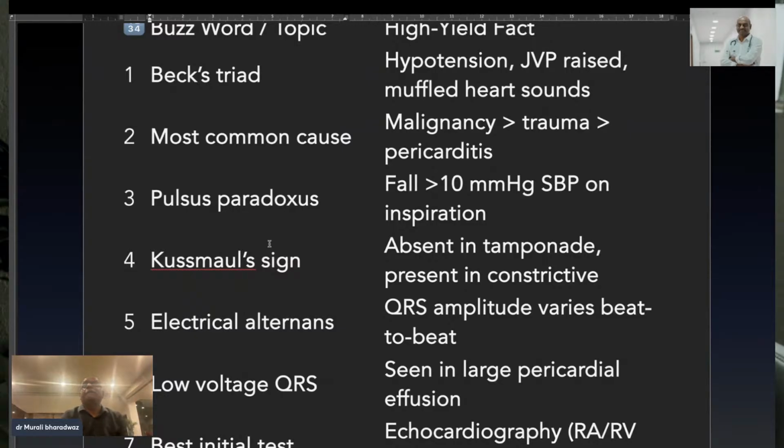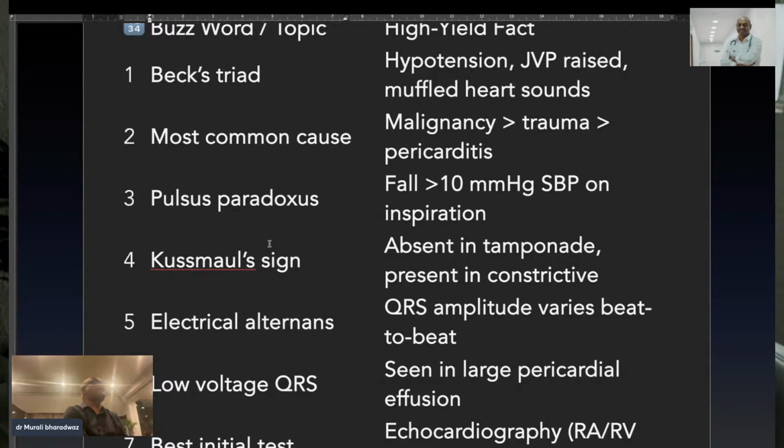Then, pulsus paradoxus. Normally, only systolic BP will fall during inspiration due to negative intrathoracic pressure. This causes more blood to be sucked into the right side of the heart, into the right ventricle, which causes the interventricular septum to press against the left ventricle, and the left ventricular output will diminish.